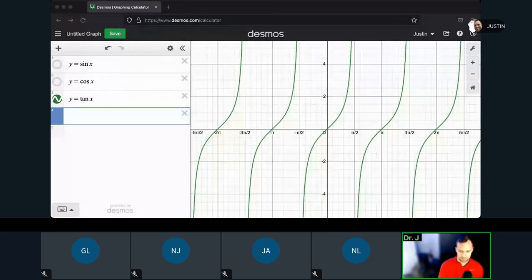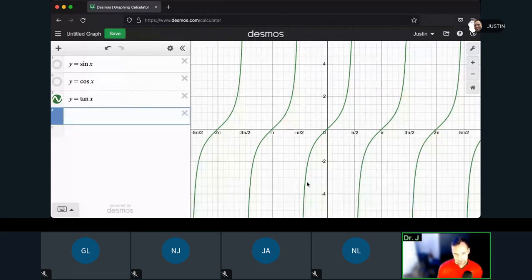I can try. So remember, period is the time it takes to do a full rotation, a full cycle. And by looking at the graph, the period is just pi. So this is one full rotation, and then it repeats. So it only takes half a rotation to do a full cycle. But I should differentiate between saying full cycle versus full rotation because they are different.